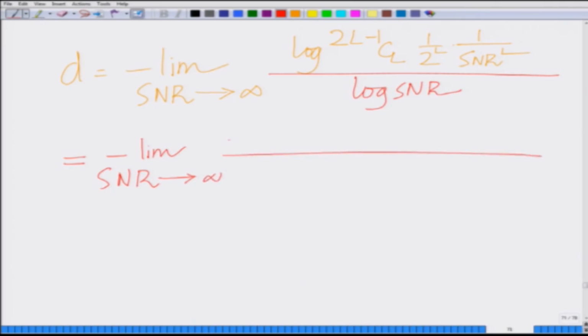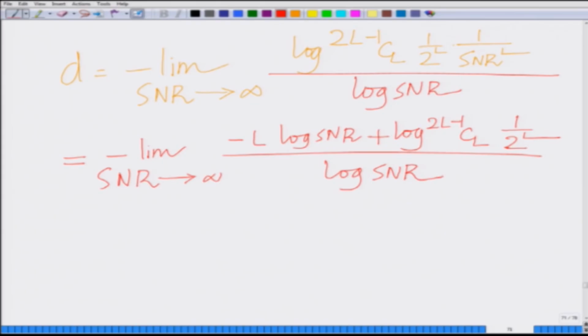I can split this as minus L log of SNR plus log of (2L minus 1 choose L) times 1 over 2 to the power of L, divided by log of SNR.